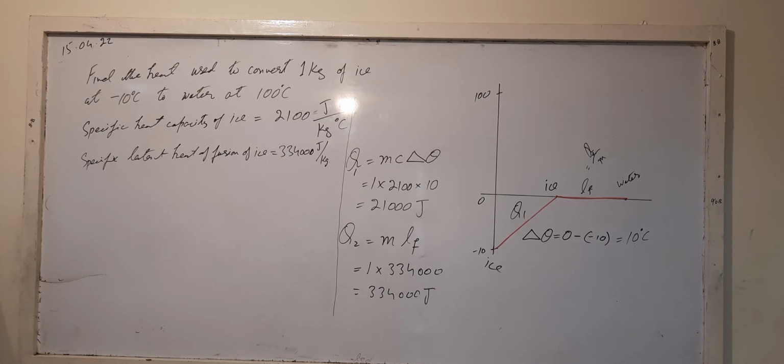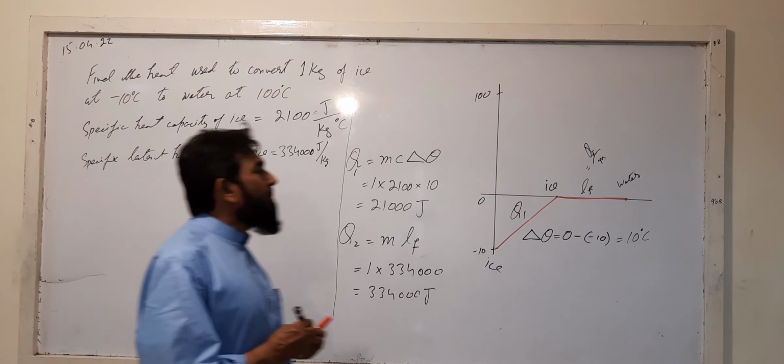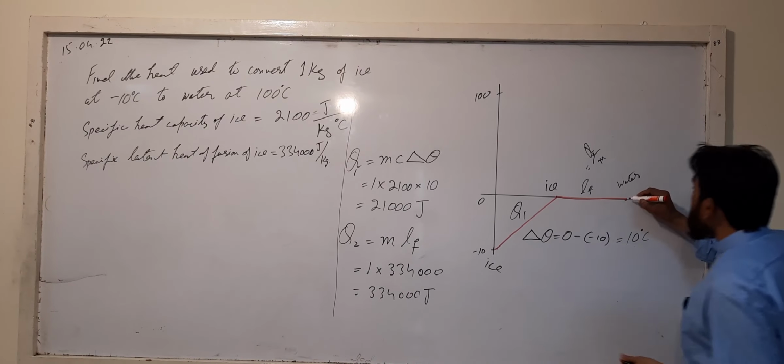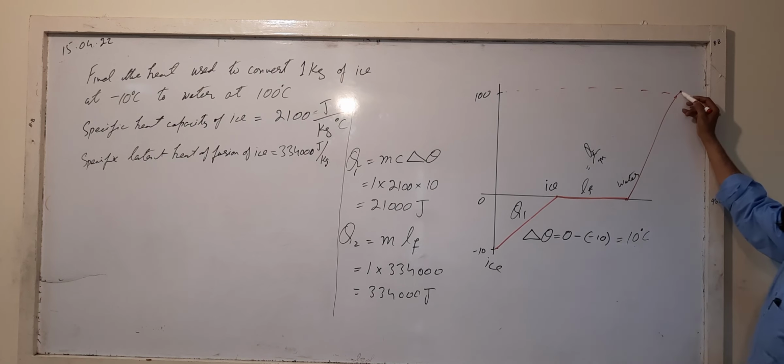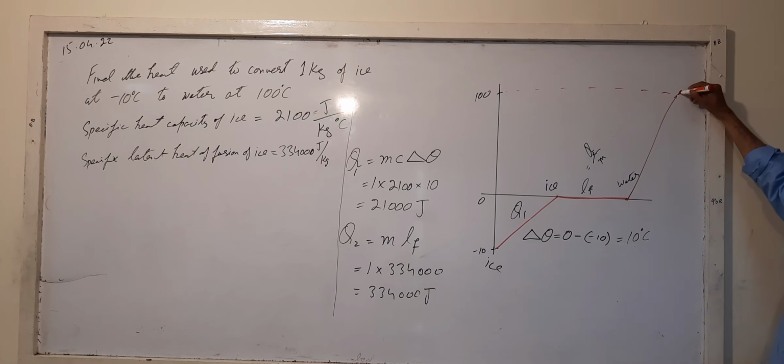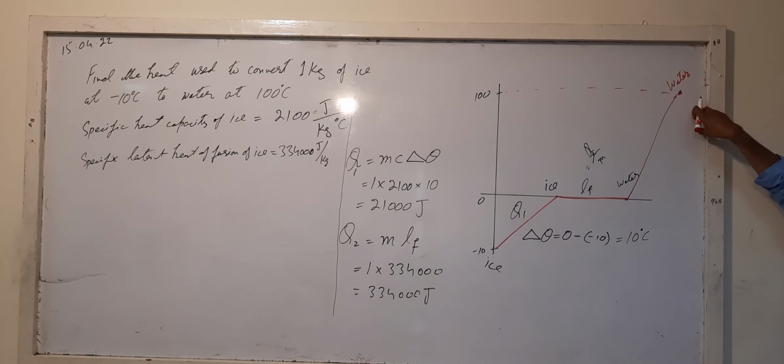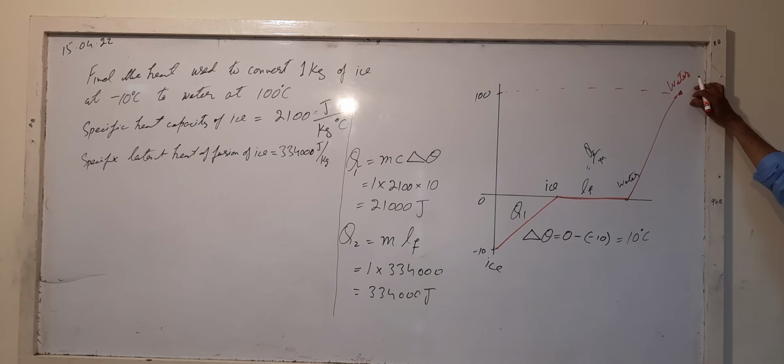Now the third stage. In the third stage, the temperature of water is going to increase to 100 degrees Celsius. This is boiling water, water at 100 degrees Celsius. Here the change in temperature is occurring.